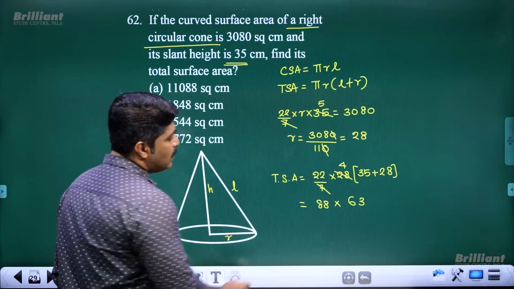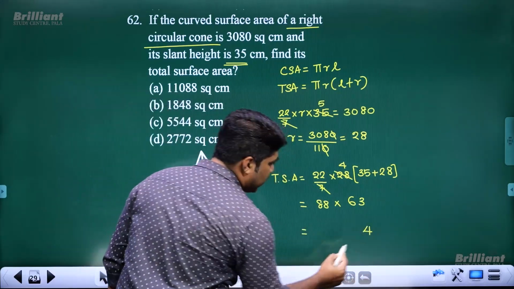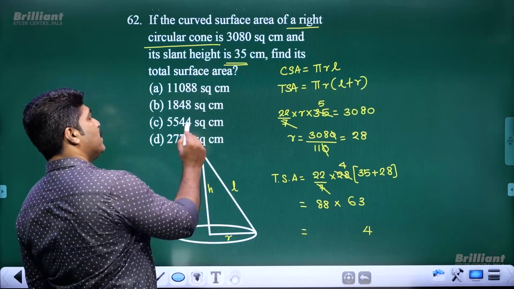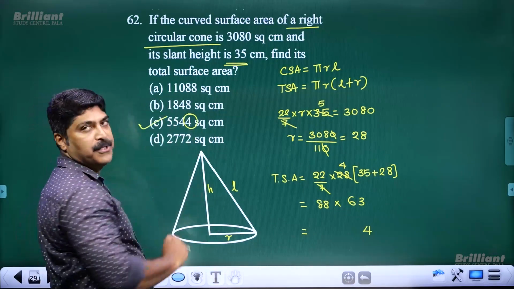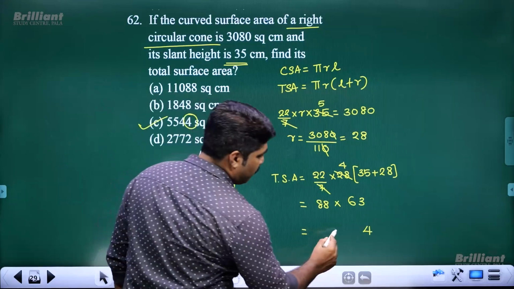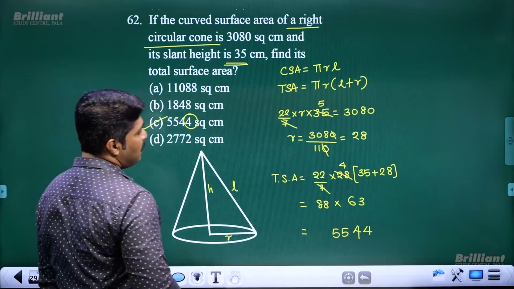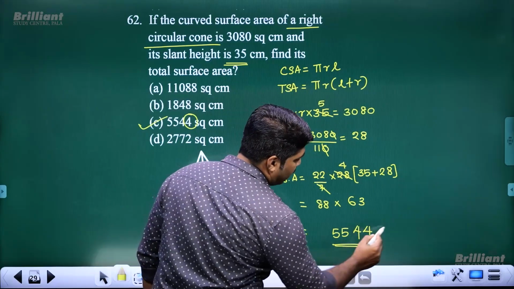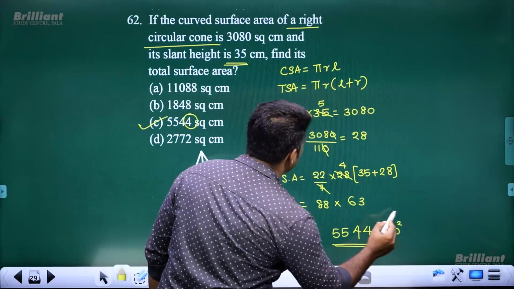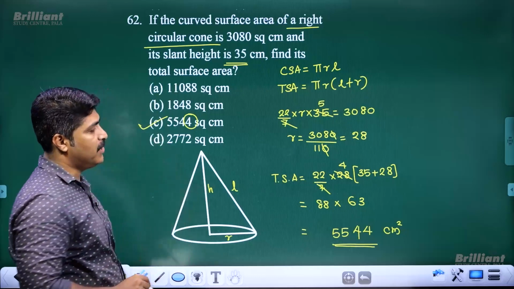Therefore, its unit digit is 4. Whenever we are doing the multiplication, the unit digit is 4. Look at the options which will end in 4. There is only one option. So the answer is 5544 square centimeter. So the answer is option C.